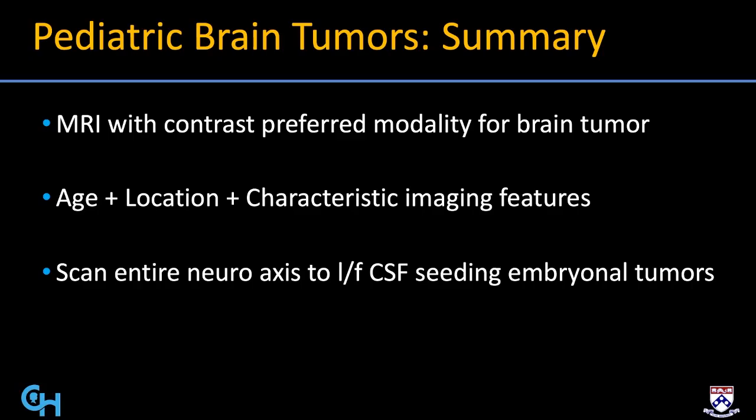And it is important to scan the entire neuroaxis, the brain, as well as the complete spine, to look for CSF seeding. In case of embryonal tumors, quite typically the medulloblastoma, ependymoma, ATRT, and germinomas, which are more notorious for CSF dissemination.